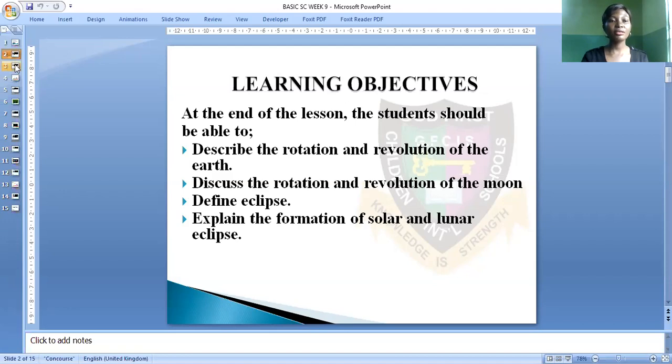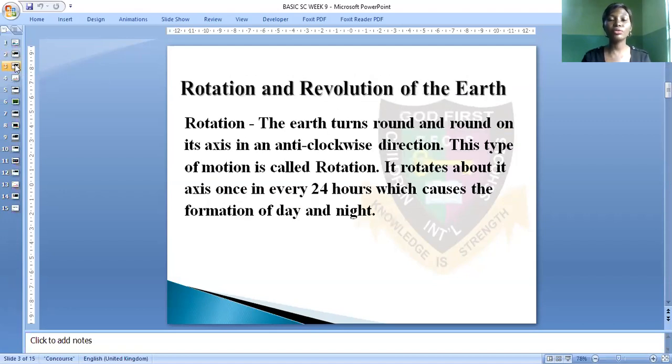Now, let's see the rotation and revolution of the Earth. First one, rotation. The Earth rotates, that is, turns round its axis in an anti-clockwise direction. This is a clockwise direction, and this is an anti-clockwise direction.